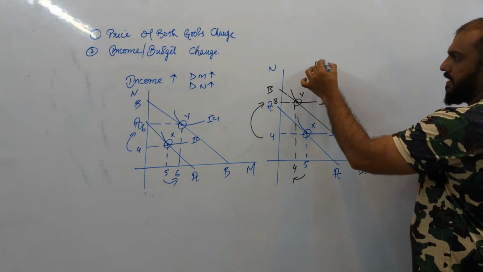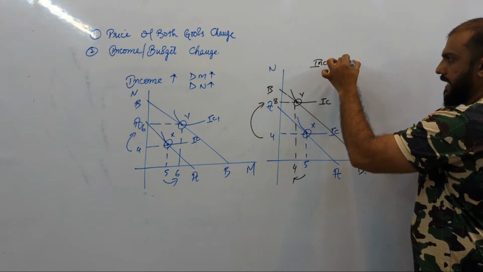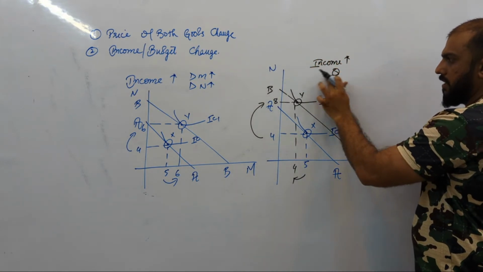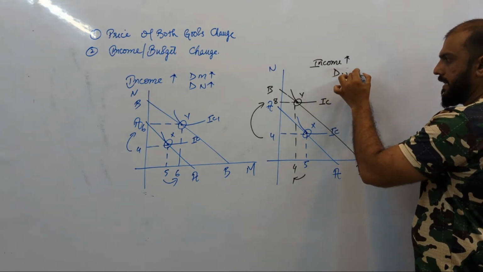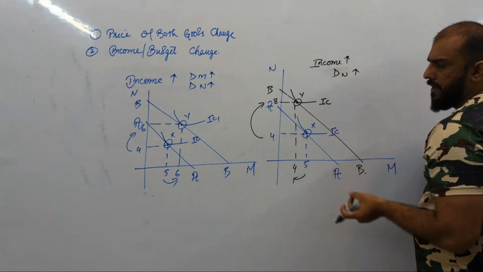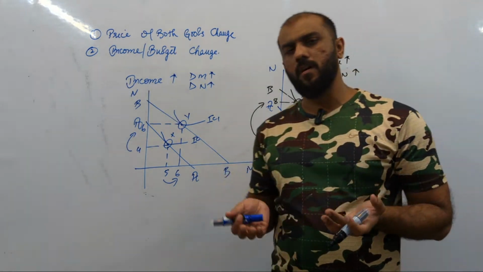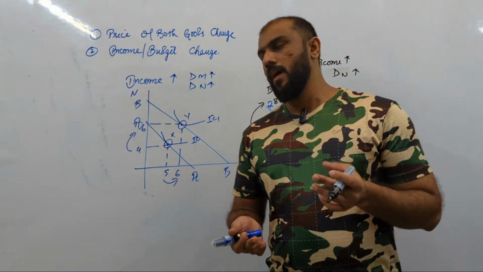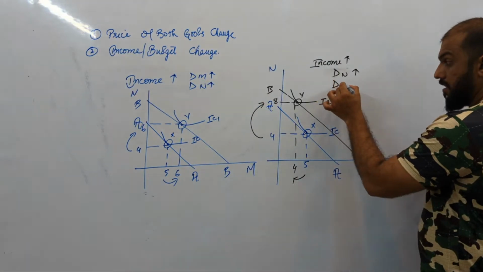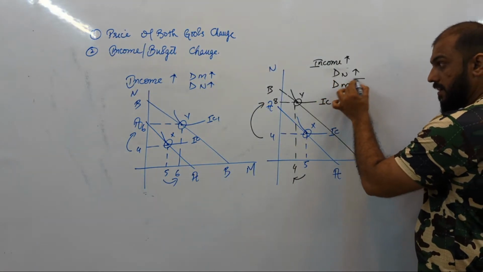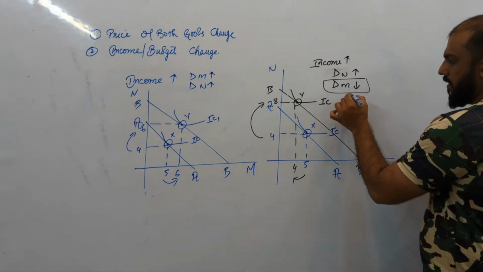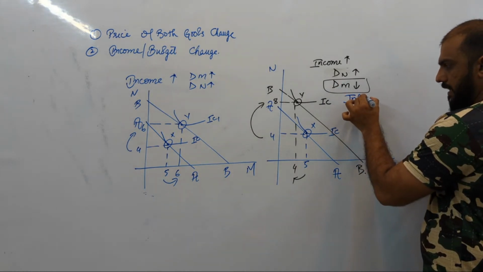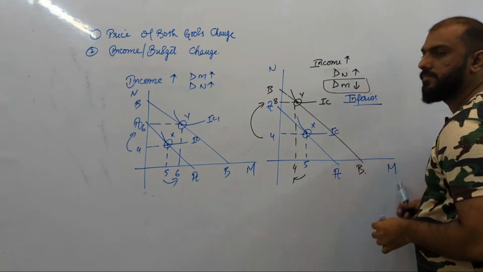So the income increased, the demand for N increased. Now this is a normal behavior. When the income increases, the demand would obviously increase. But the demand of M decreased. This is an abnormal behavior, and in economics we call this inferior goods.